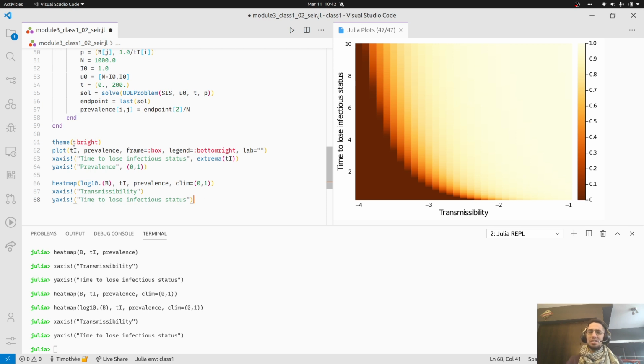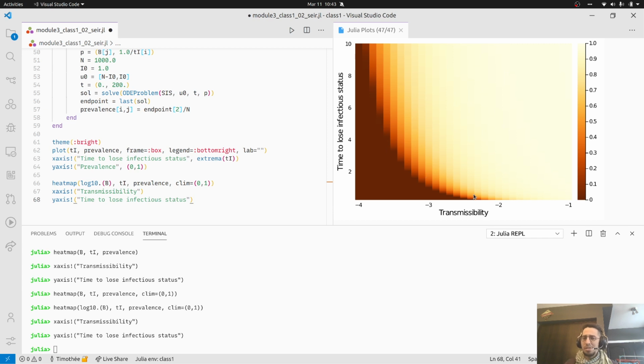And that's interesting because there's this curve here. We won't write it, but it's an interesting exercise for you to write down the expression of this limit that says if you are that infectious, you can afford to lose your infectious status that fast.